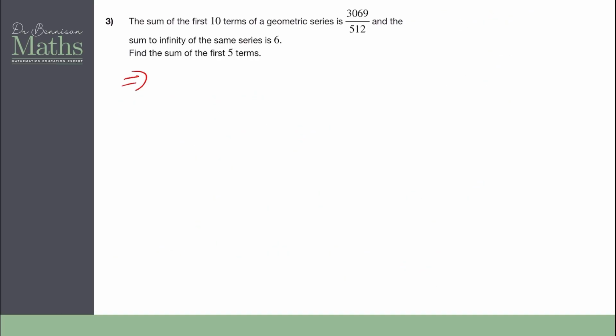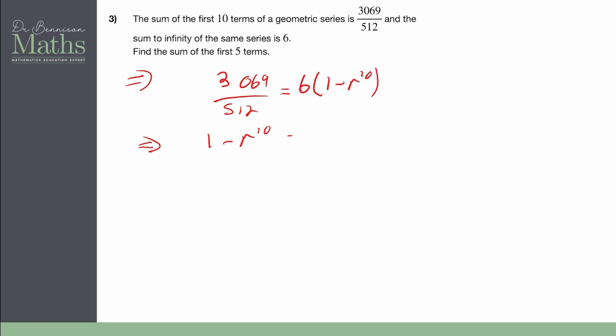So we can rearrange this now to say that 3069 over 512 is 6 times 1 minus r to the 10. So 1 minus r to the 10 is equal to 3069 over 512 times 6, which is 3072.